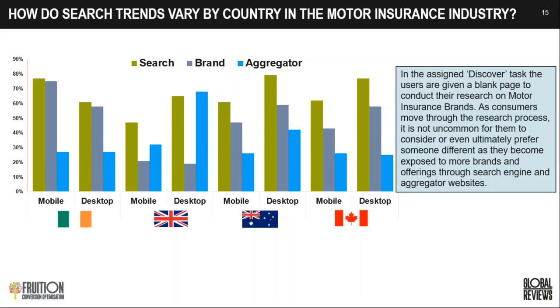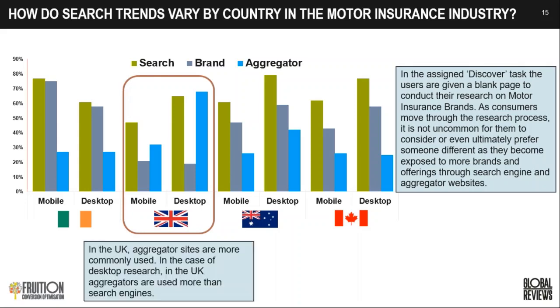However, the exception is the desktop study in the UK, where the aggregators are dominating user behavior. The users are far more aware of the aggregator brands, which help them arrive at a decision on what kind of motor insurance brand they would prefer.